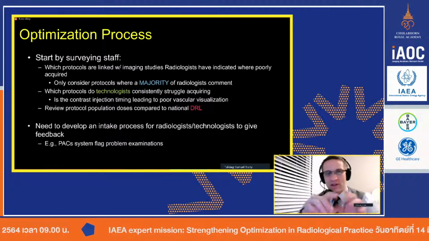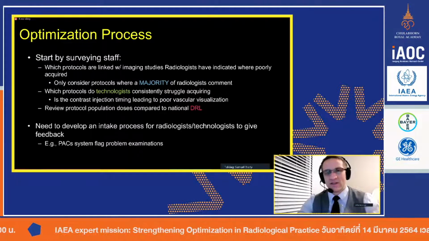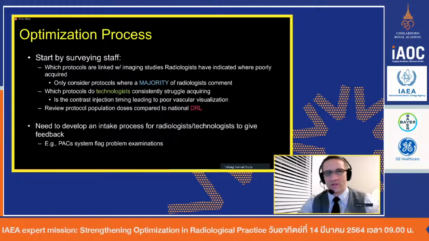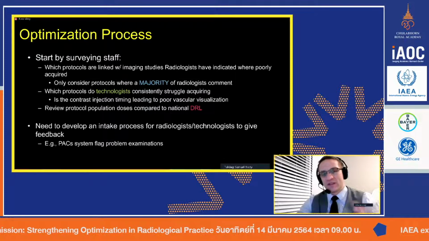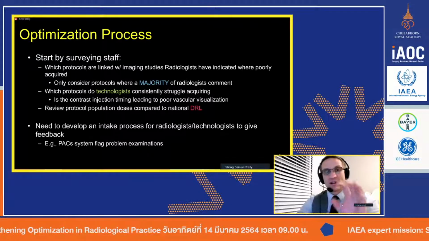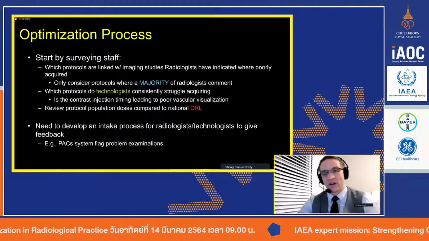They can make a comment, they can maybe do free text and say, this is why I don't like it. Too noisy, too grainy, too blurry. And so some PAC systems are allowing the radiologists to give feedback in real time.